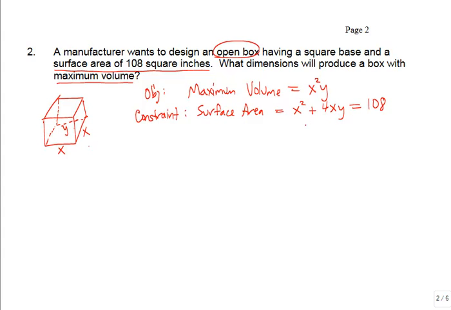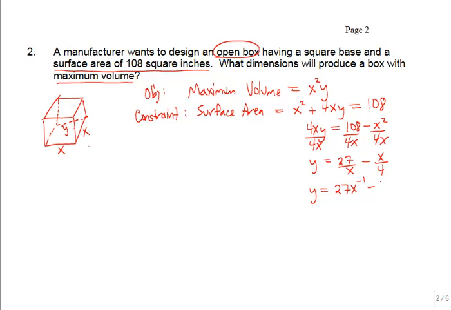So I'm going to subtract that x squared over to the other side, and then I'm going to divide every single term by 4x. So 108 divided by 4 is 27, but we still have that x in the bottom. And x squared over an x reduces to an x on top with that 4 in the bottom. If you want, you can take that x that's in the bottom of our 27 and move it up to the top and make it a -1.